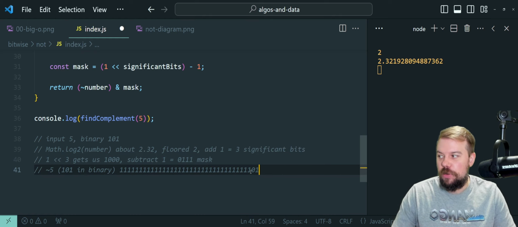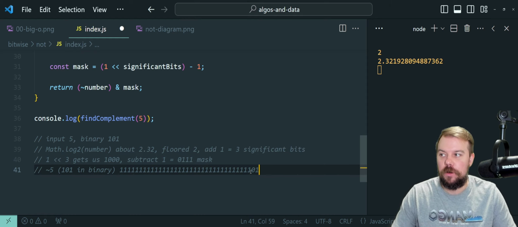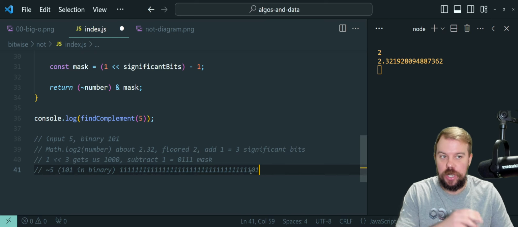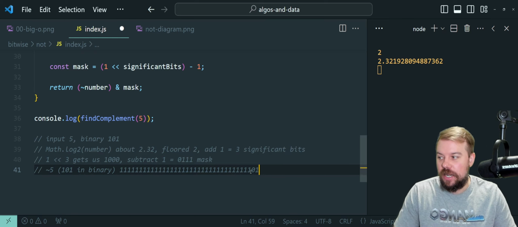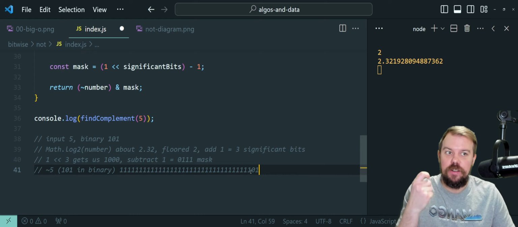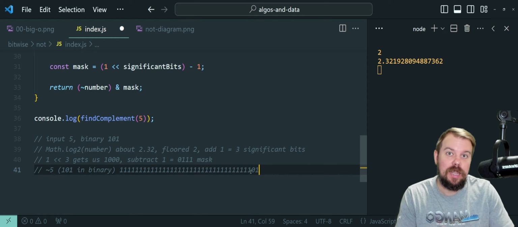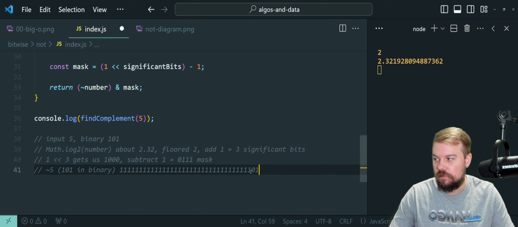Because of how numbers are stored in most programming languages and computers, as 32 bits, what are called signed integers, we are going to know in the back of our minds that in actuality, there is a whole host of zeros that are getting flipped to ones, essentially being the negative version of a number, which is what's happening here, okay?